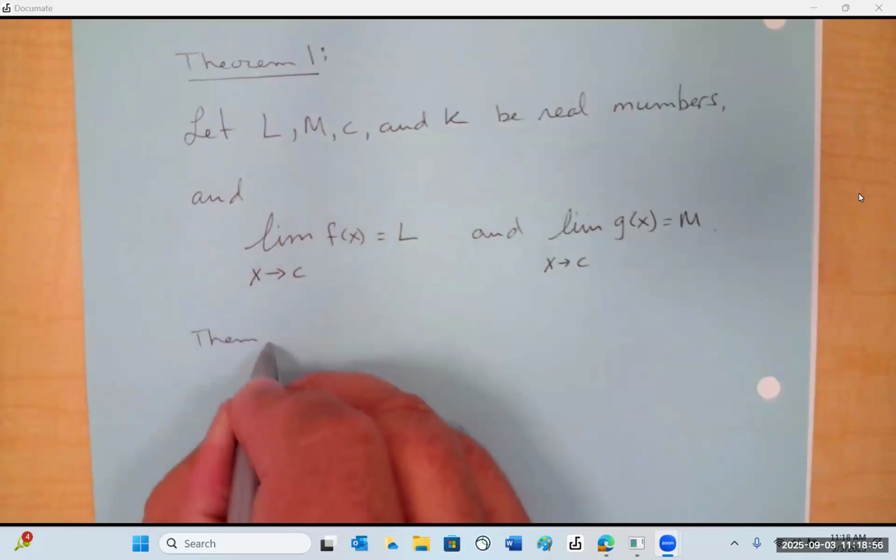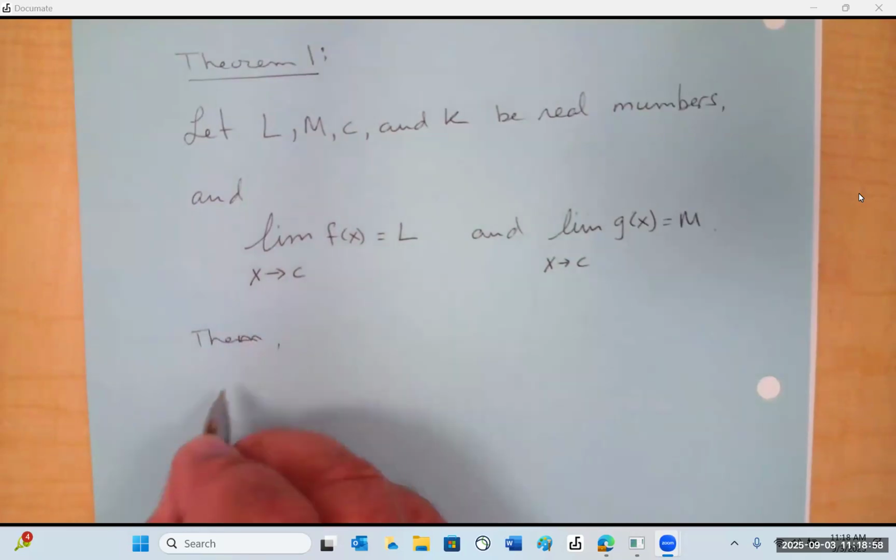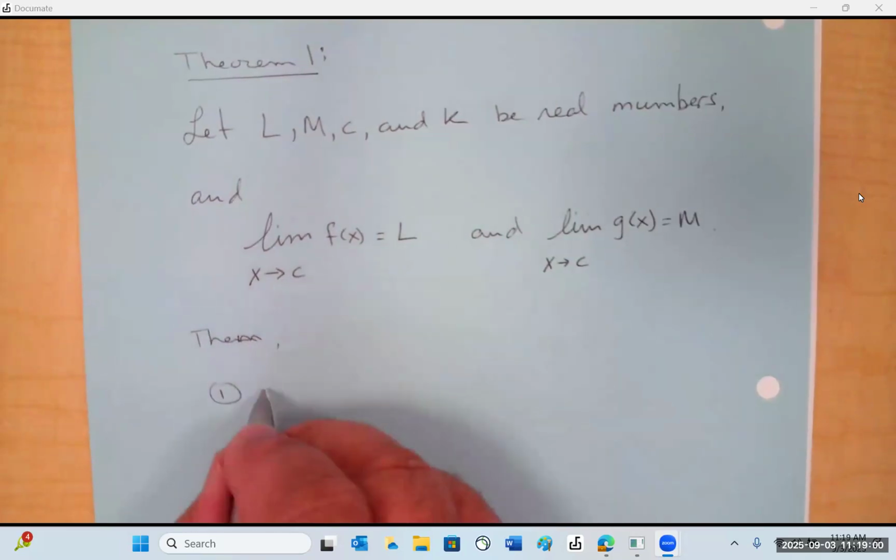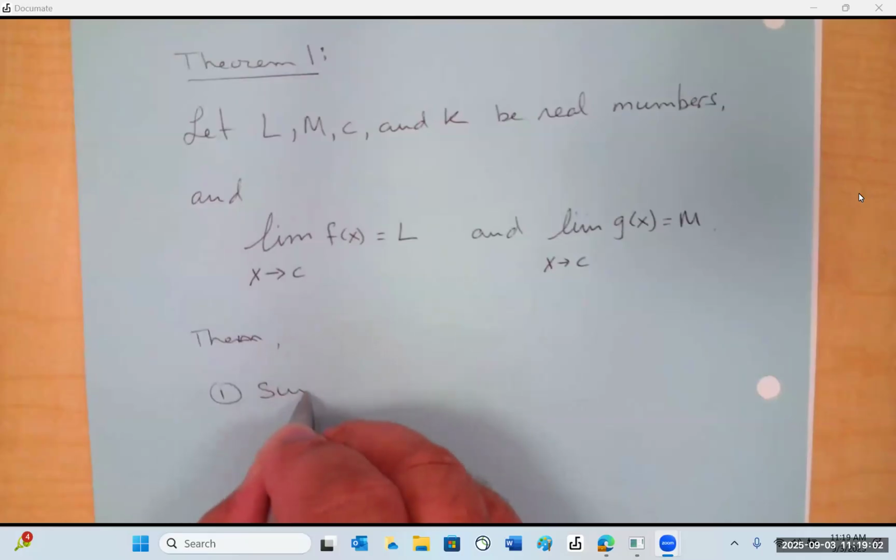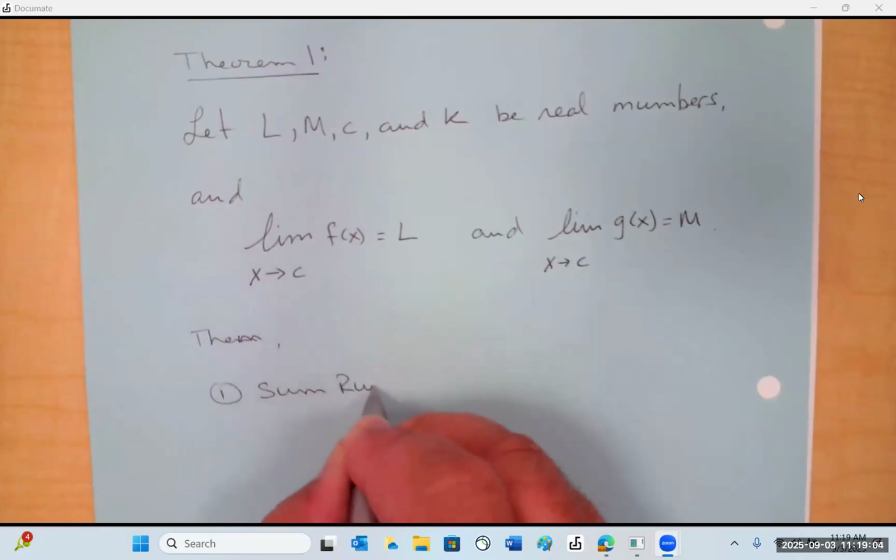Then if those are true, we have the sum rule.